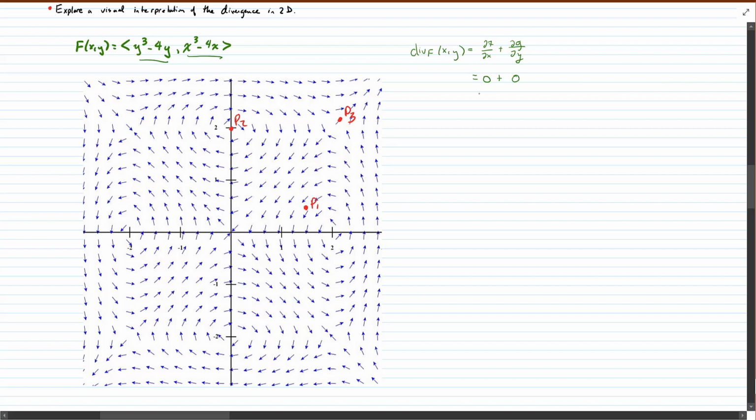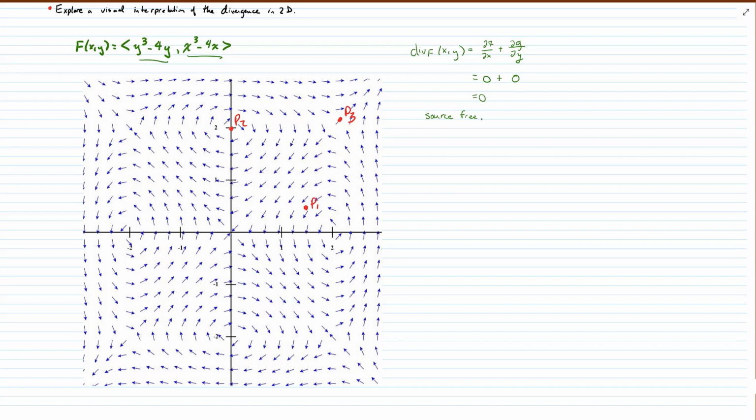Likewise, when I take partial g partial y, I also get 0. So this is not a good example to use because the divergence everywhere is 0. In fact, we would say that this particular field is source-free. Whenever the divergence is everywhere 0, we say that the field is source-free. We'll get a better interpretation for that at the end of this exploration.